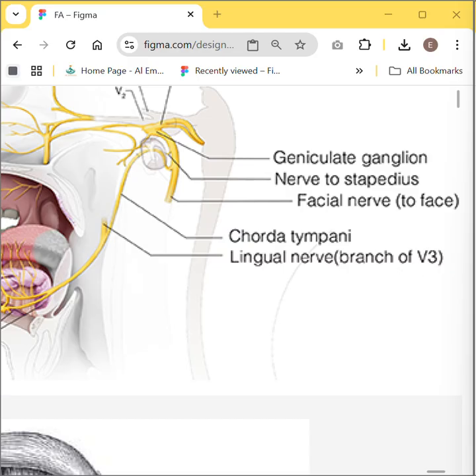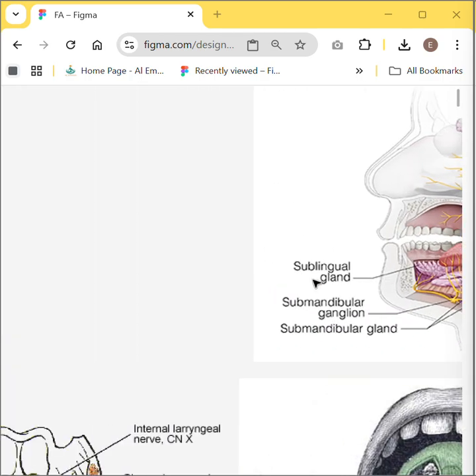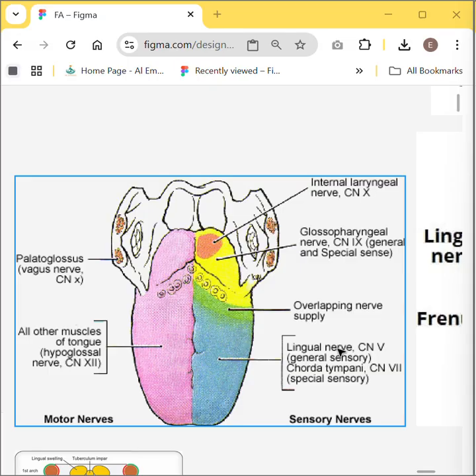Cranial nerve V3, the lingual nerve, supplies the general sensation of the tongue, and it comes from the first pharyngeal arch.